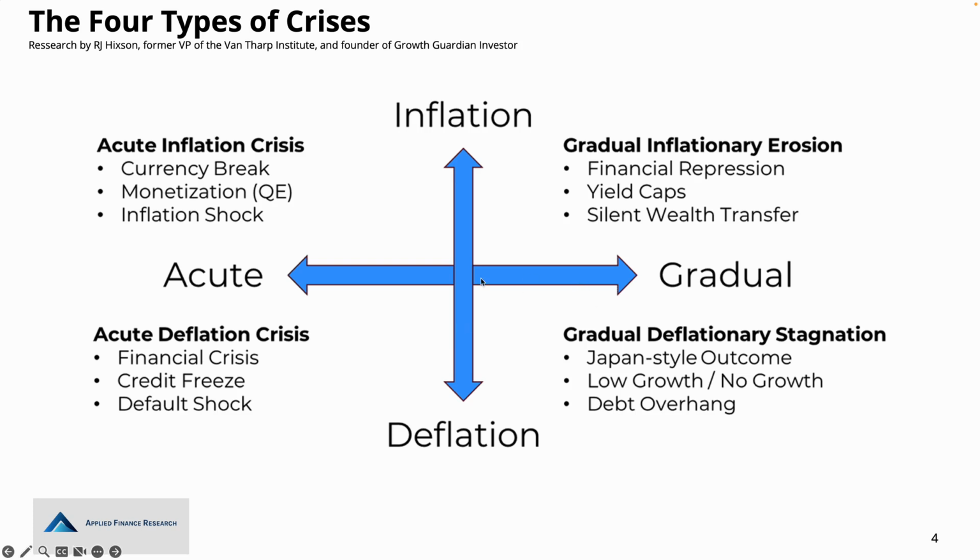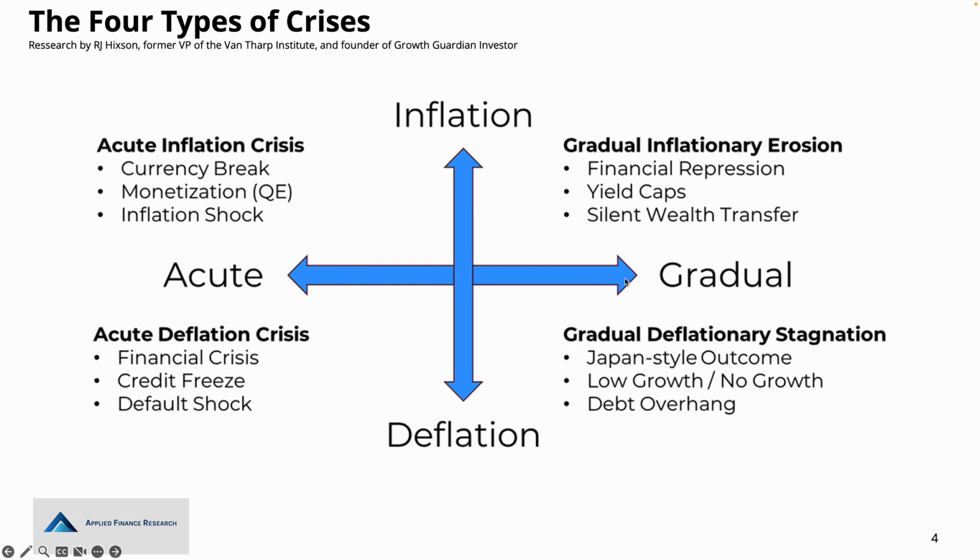Now, the second major spectrum here measures speed, and we have acute versus gradual. So an acute crisis shocks the markets and forces very fast price adjustments.